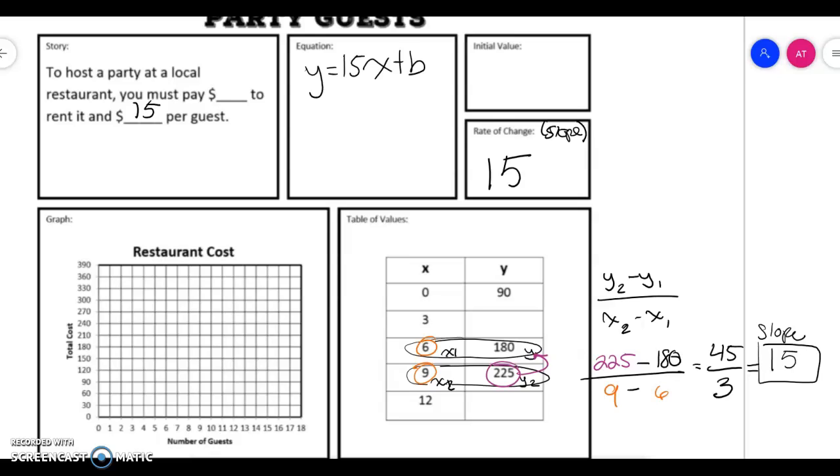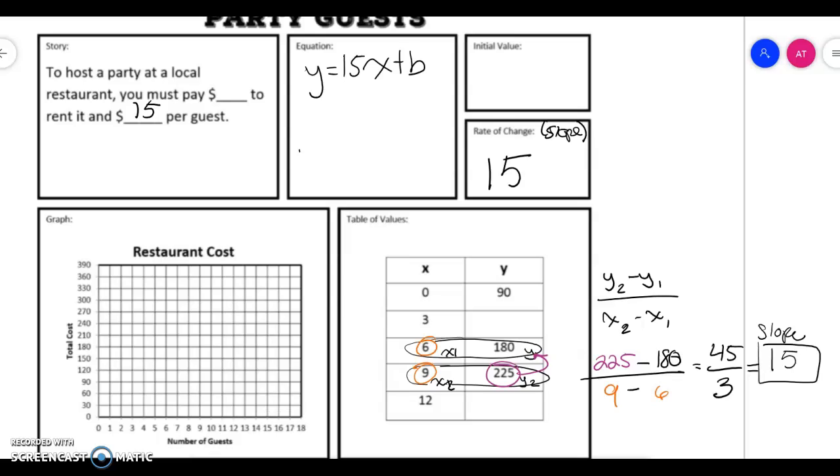Guess what? You can figure it out. Just plug in what you know. We're going to choose one of the points... Oh, interesting. Look. We don't even have to plug in the points. I have a y-intercept, and it's very clear. When x is 0, that tells me what my y-intercept is. So can you guess what my y-intercept is by looking at the table? 90.